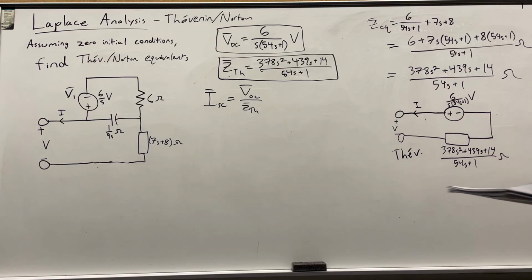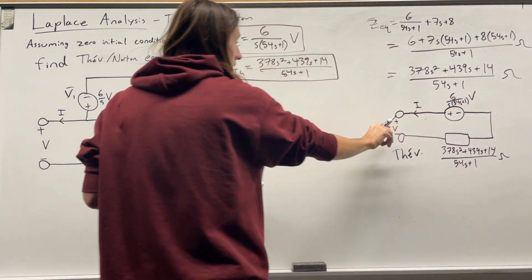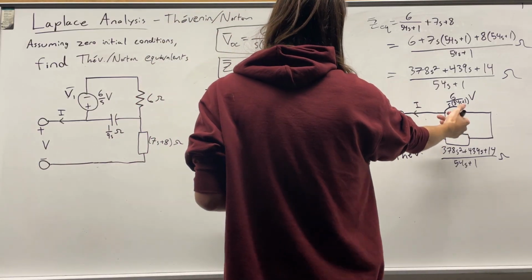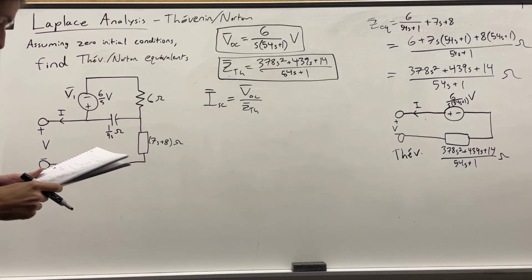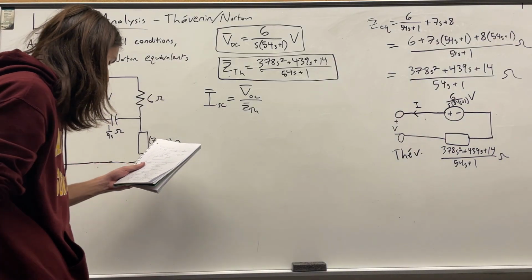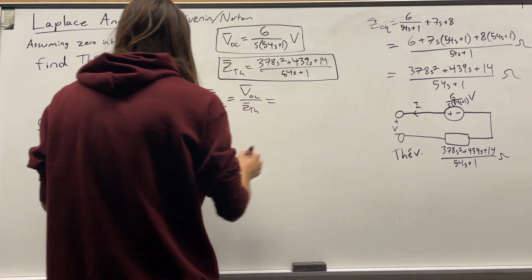So that's important, so that lines up. If this source were flipped, we would have to say that VOC is negative. So just pay attention to the polarity. Plug in the values here.